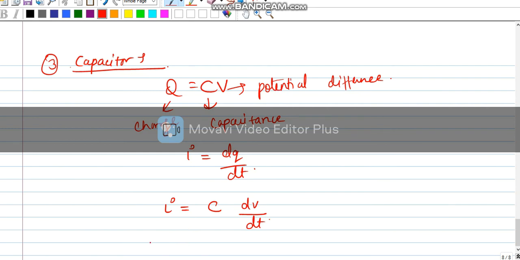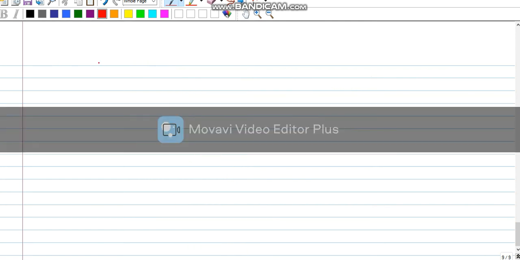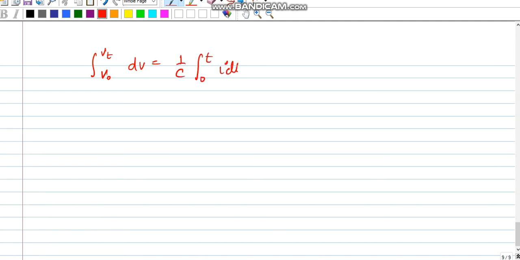Now we integrate this, or we can transfer the dv here: dv is equal to 1 upon C into I dt. Integrating from V naught to Vt for dv, it equals 1 upon C integrating from 0 to t of I dt.